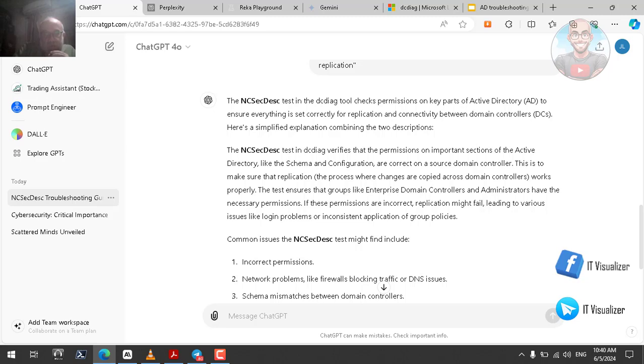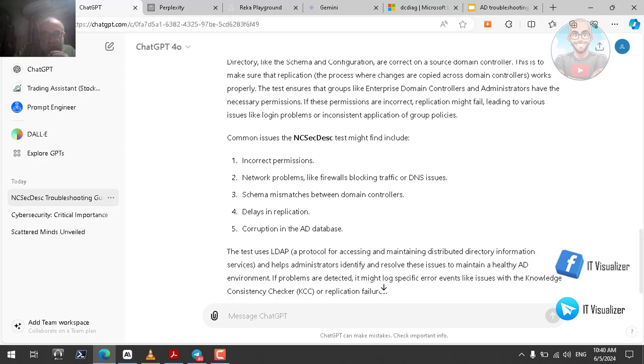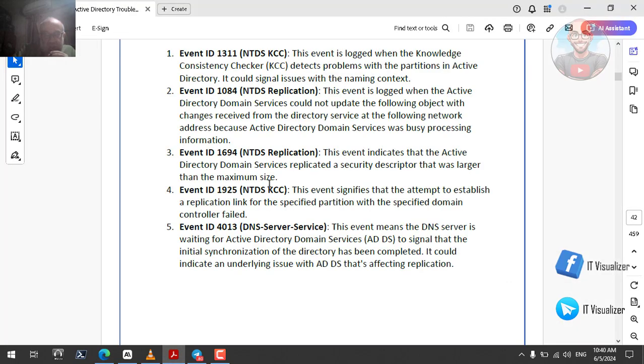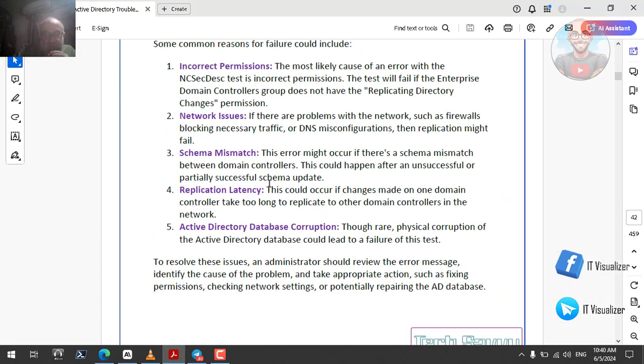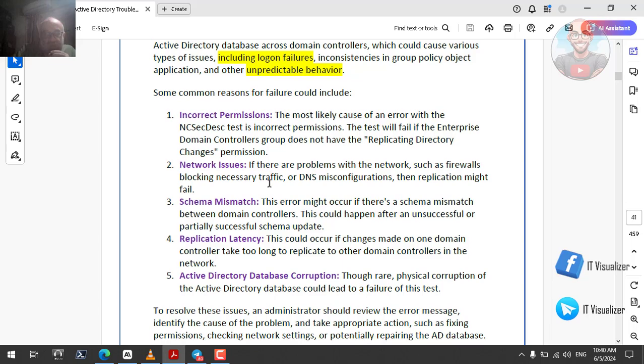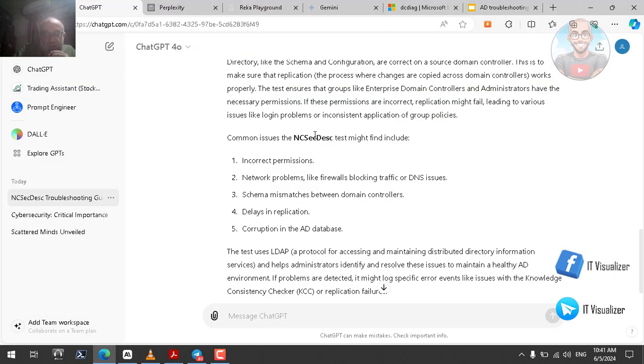Okay, and he's saying common issues that this test might find. Let's see if it is stated in the PDF. He's saying here common reasons for failure. Here it says in the answer, common issues that the test might find include, here it is saying not fail, incorrect permissions.